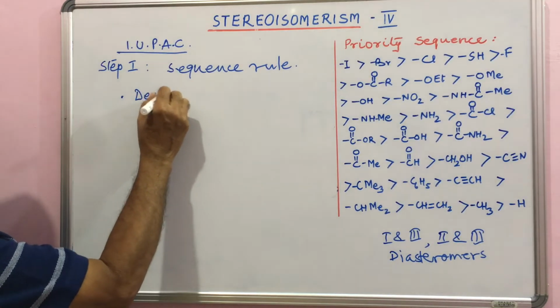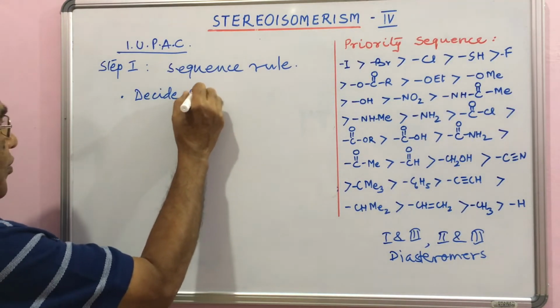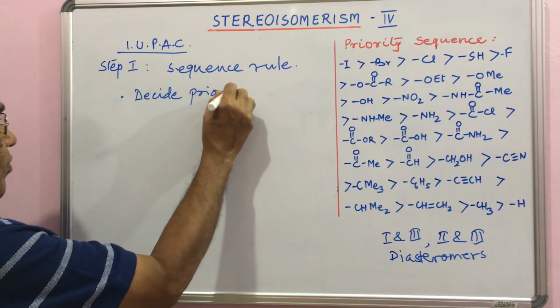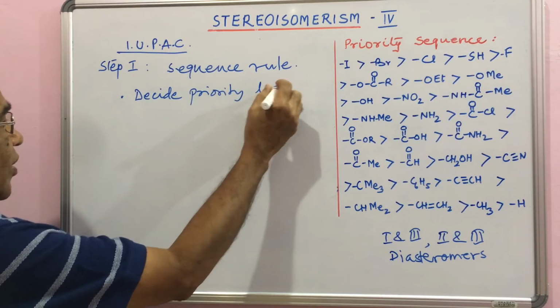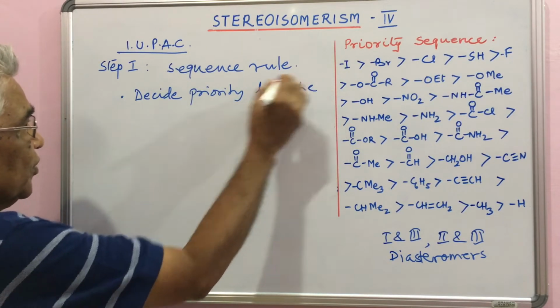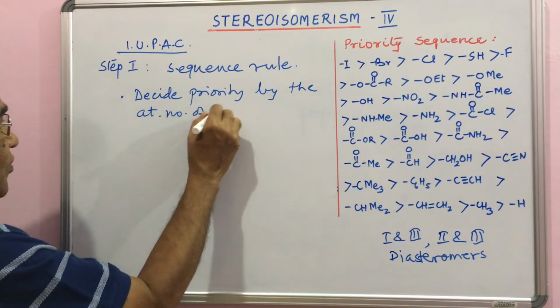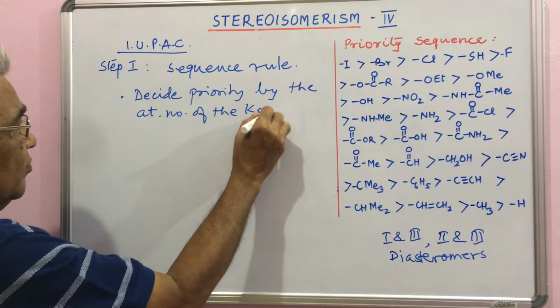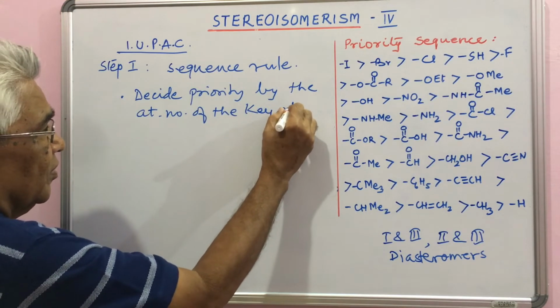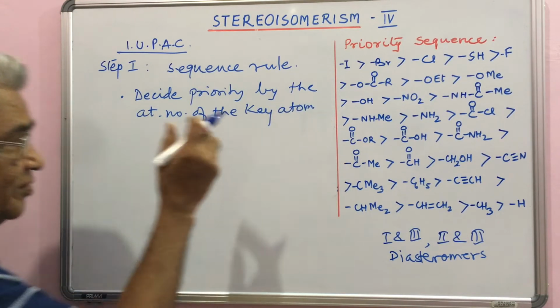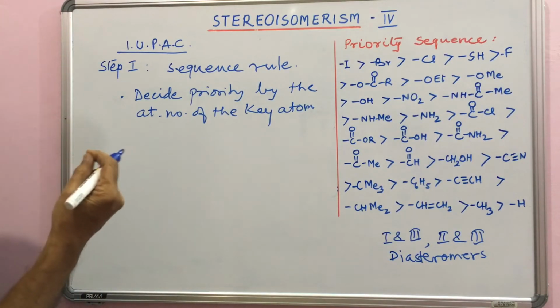Decide priority by the atomic number of the key atom. Key atom means the atom attached to the asymmetric carbon atom.